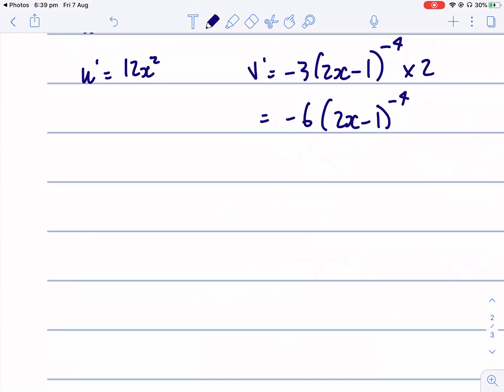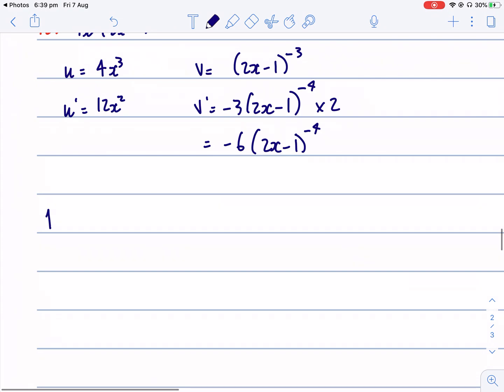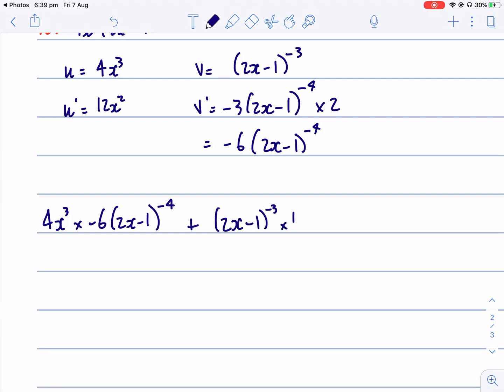So we're going to end up with 4x cubed times negative 6, 2x, take 1 to the negative 4, plus 2x, take 1 to the negative 3 times 12x squared.